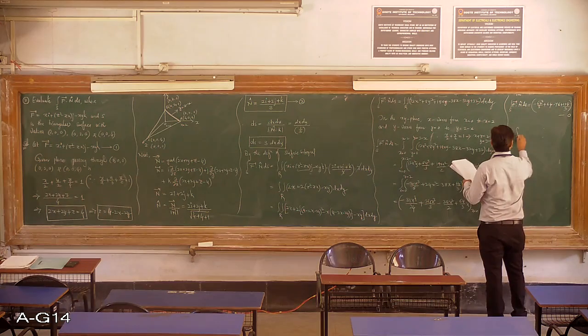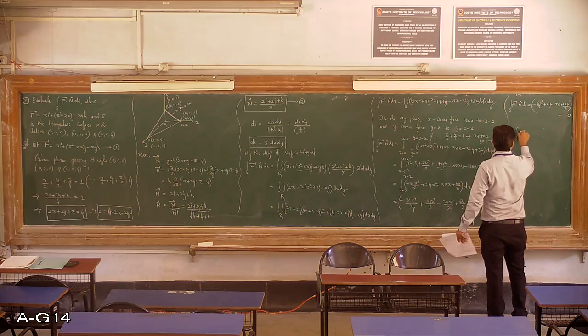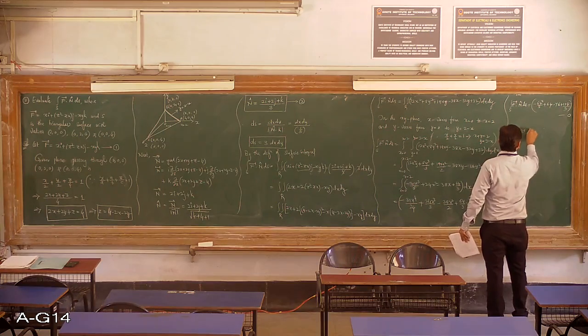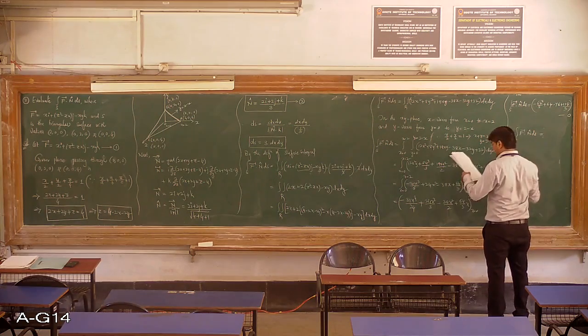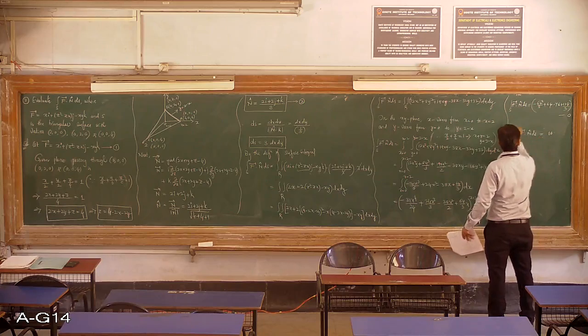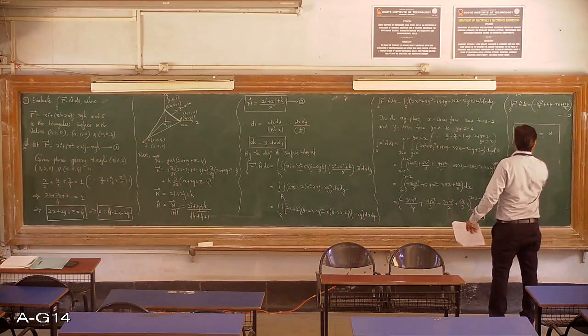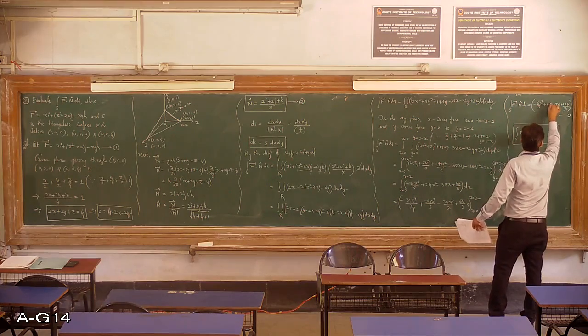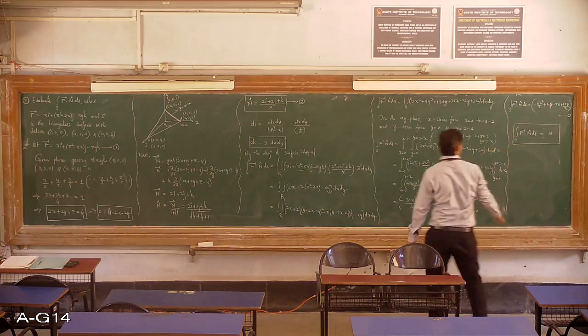Therefore the final answer is, integration over surface S of f dot n cap ds is equal to 10. If you want to analyze, you can analyze it. The final answer is 10.